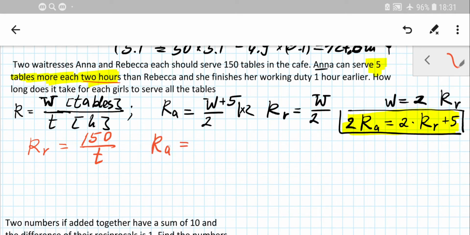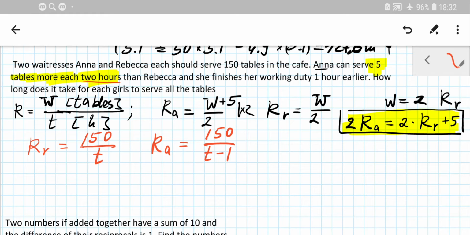So what about the rate for Anna? We know that Anna can finish her working duty 1 hour early. So that means for the same amount of tables, that's the same work, she needs less time for that. 1 hour less.